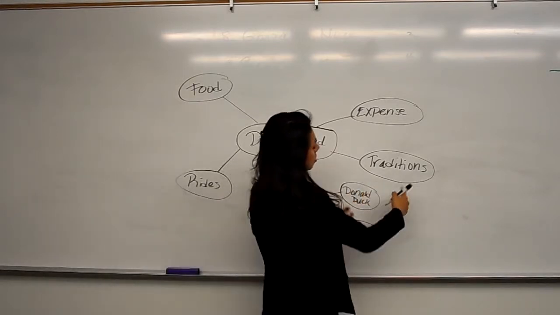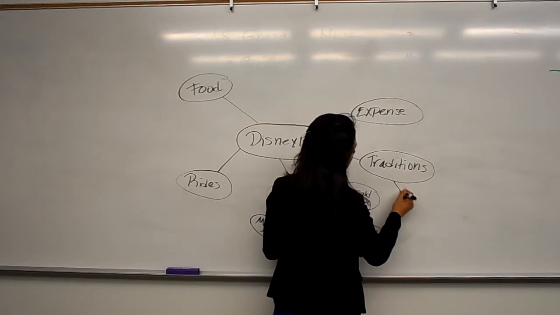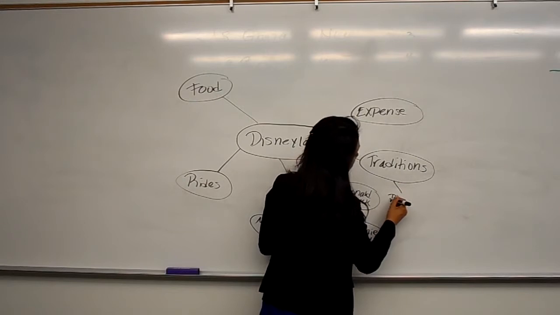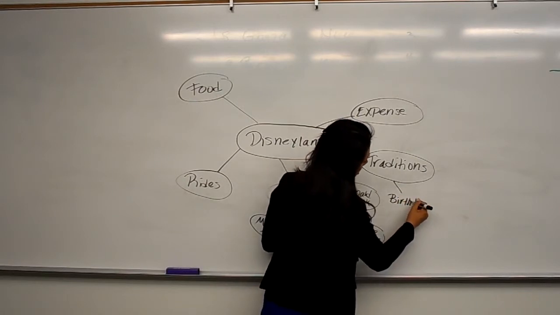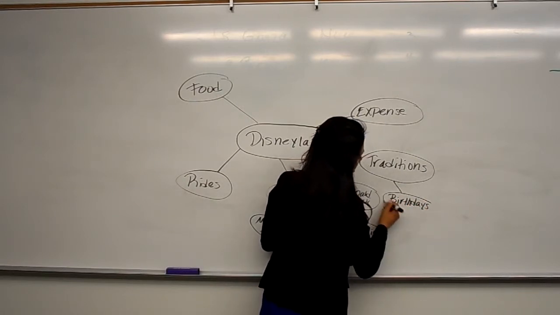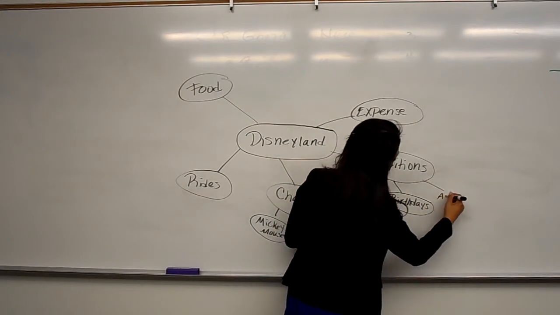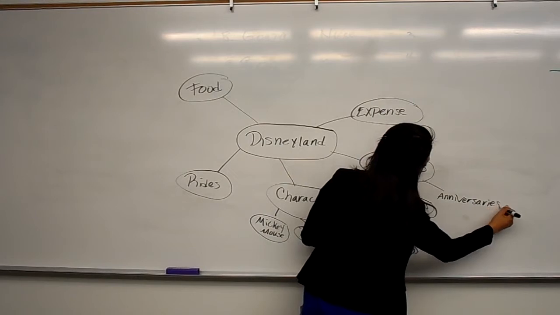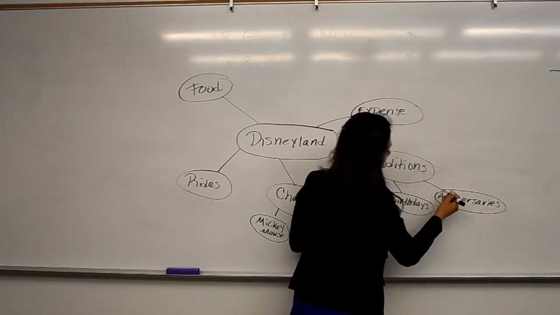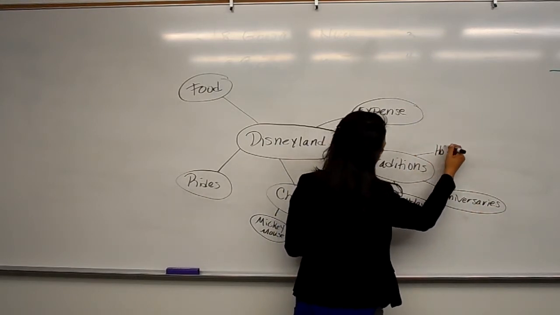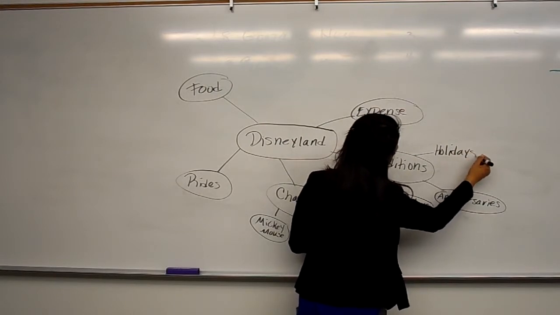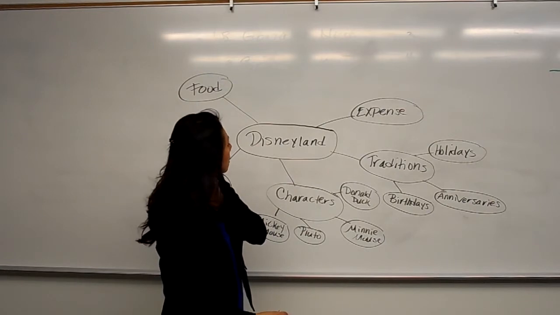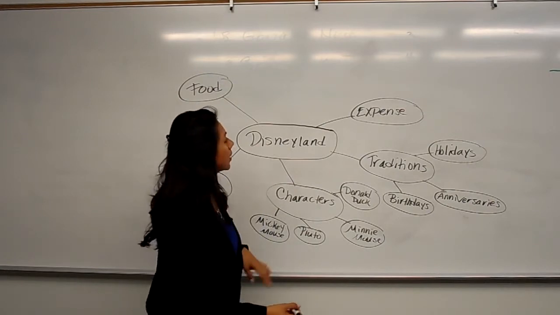And then we go on to traditions. Once again, you give specific examples related to traditions. So in this case, we would have, let's say that you go there for birthdays. Some people may go there for anniversaries. Maybe on certain holidays. Okay, and you can come up with different traditions that could be related as to reasons to go to Disneyland.